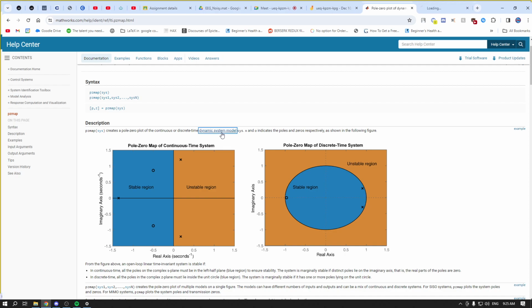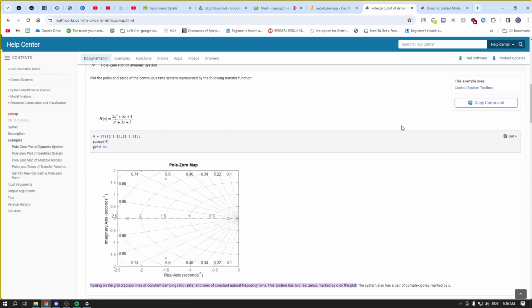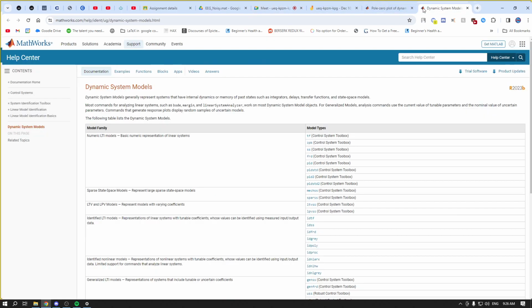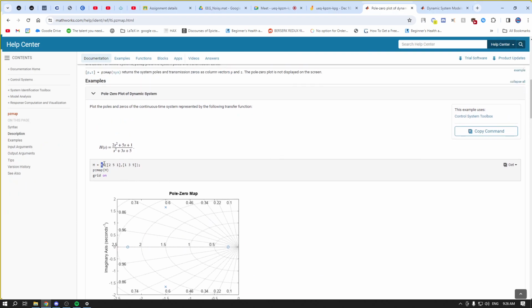So can we think about another way? For example, FIR filter. Can you think about some other way to design the filter? FIR filter. For FIR filter, what are the specifications required?